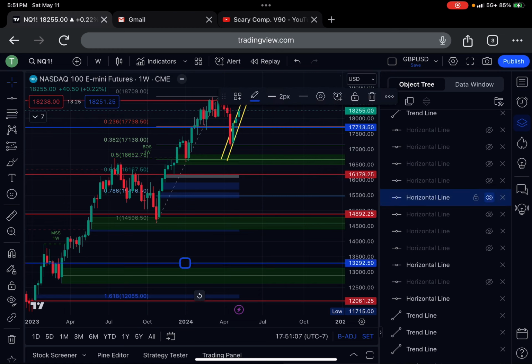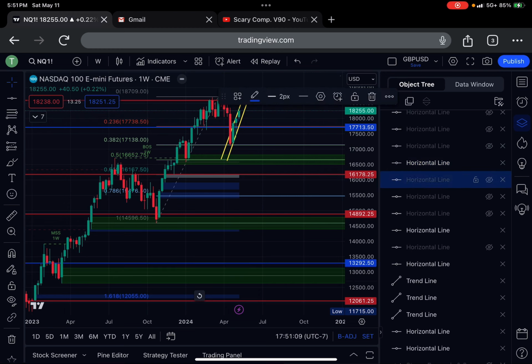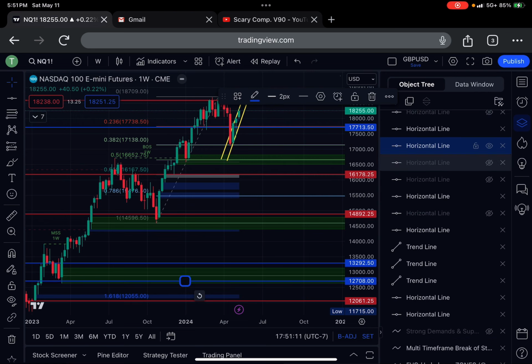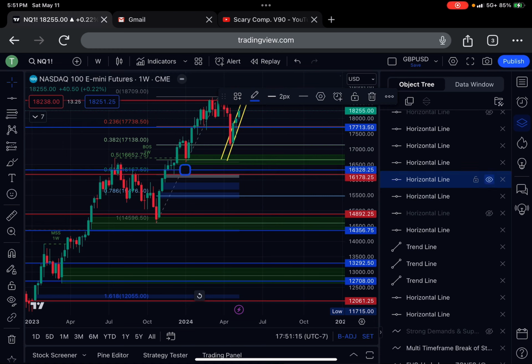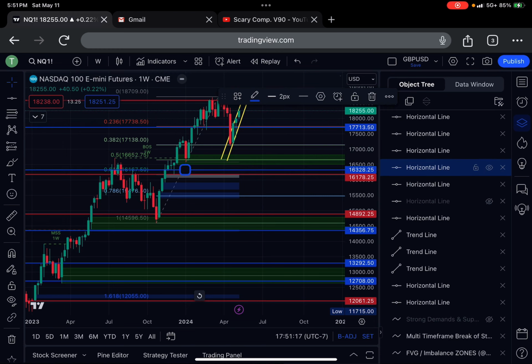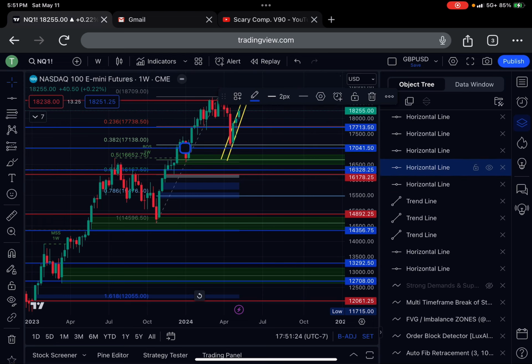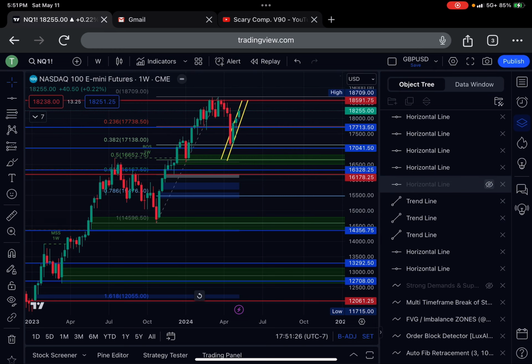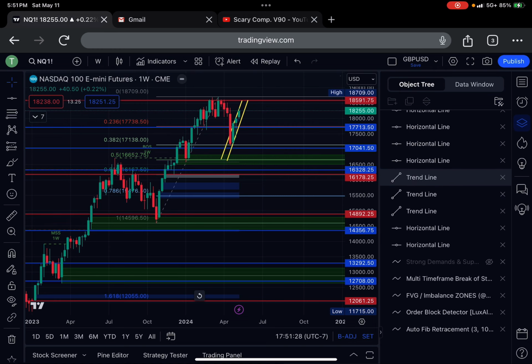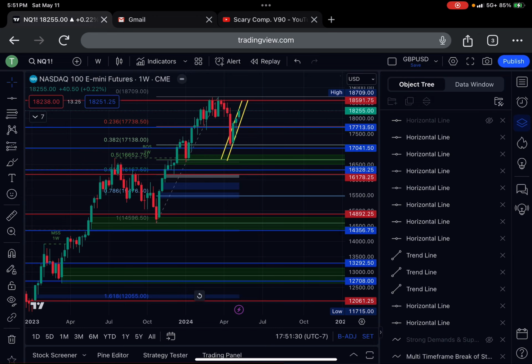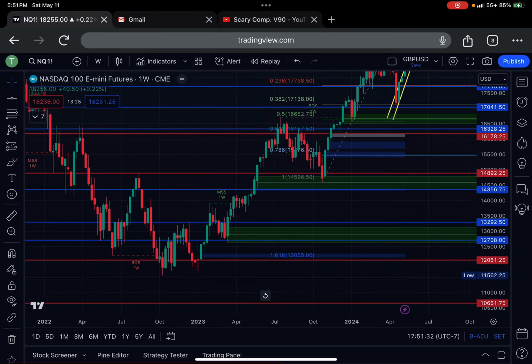Okay, blue line. There's another horizontal line. Blue line, that's another one. That is one. These are all on. That's blue line, horizontal. That's the red. That's what we just made. Okay, there we go. So that is all the weekly ones.